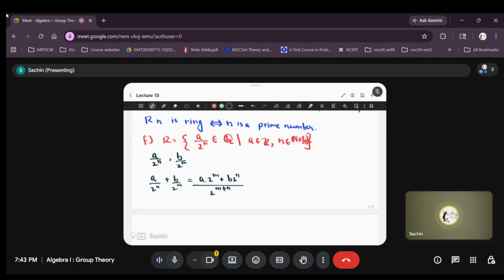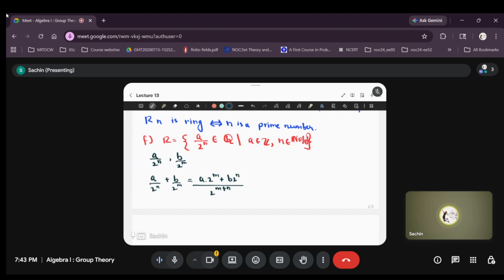And 2^m and 2^n are integers, so a·2^n plus b·2^m is also an integer.